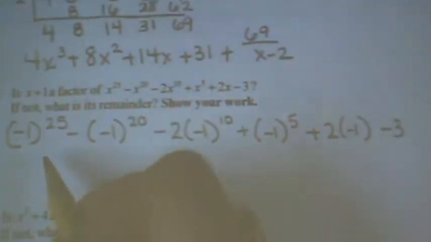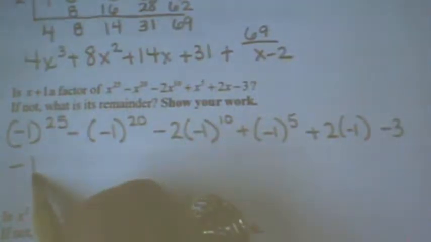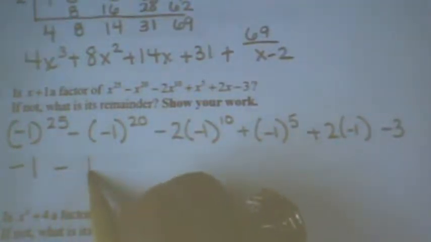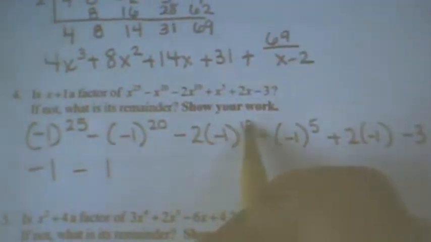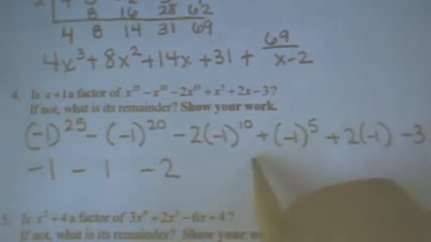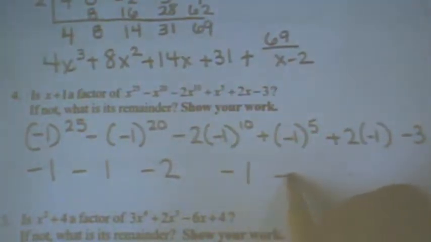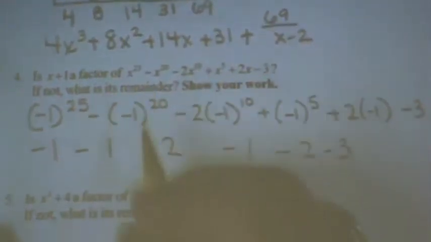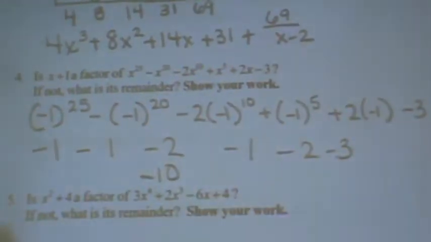When you evaluate this, you get -1, -1, and this is going to be a positive, so -2, -1, -2, -3. Add these up, you get -10.